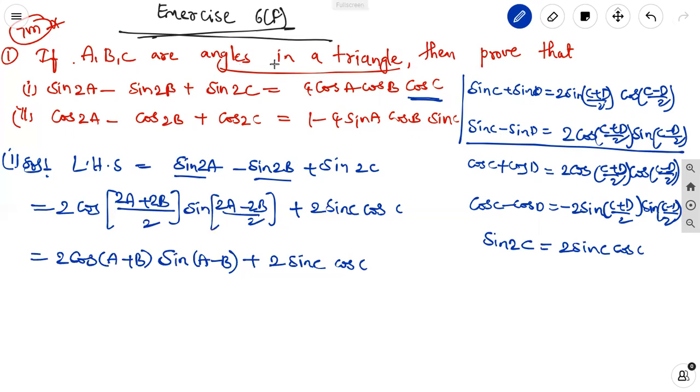Here A, B, C are angles in a triangle, and the sum of the 3 angles is equal to 180 degrees.